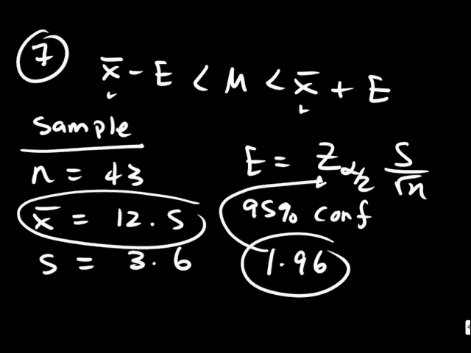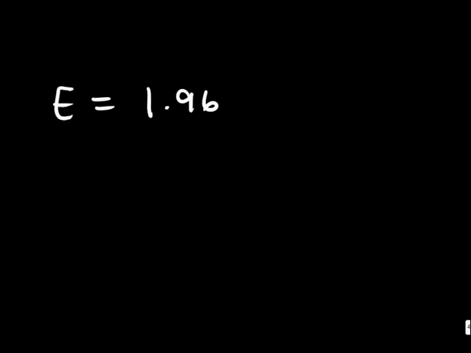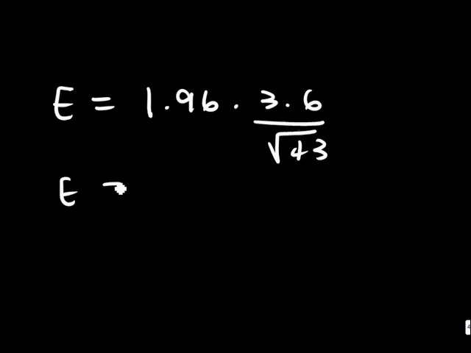So if I compute the error, 1.96 times 3.6 for standard deviation divided by the square root of 43 will compute our error.